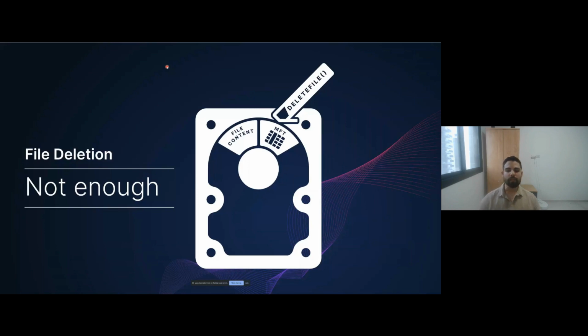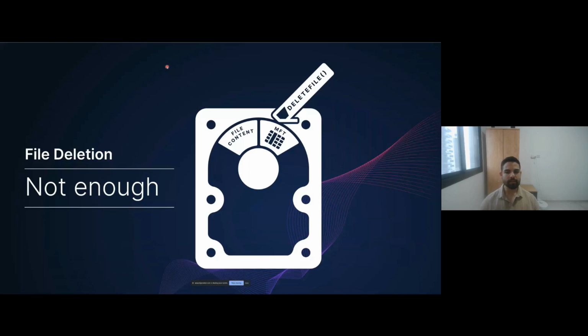In Windows, once a certain process calls the delete file API function, it actually causes the kernel to go to a certain place on the hard drive that is called the MFT, which stands for the master file table in the NTFS file system.